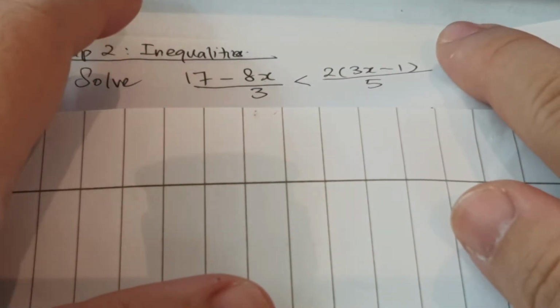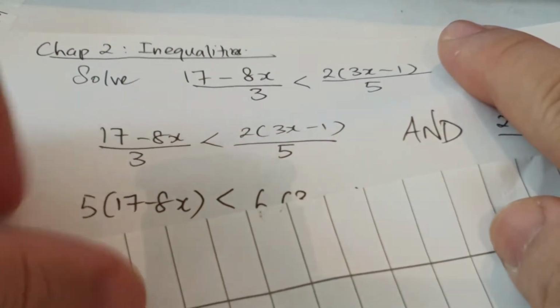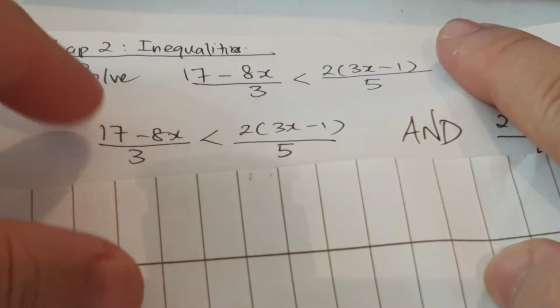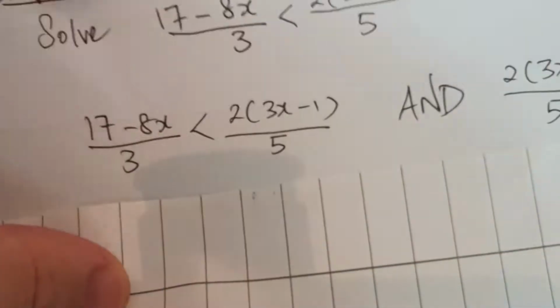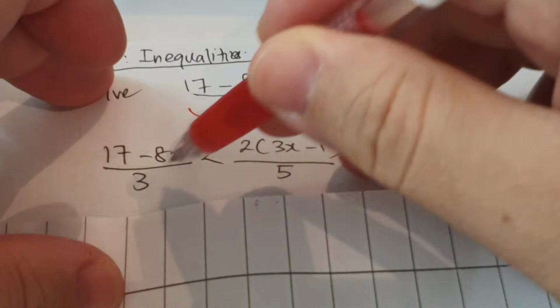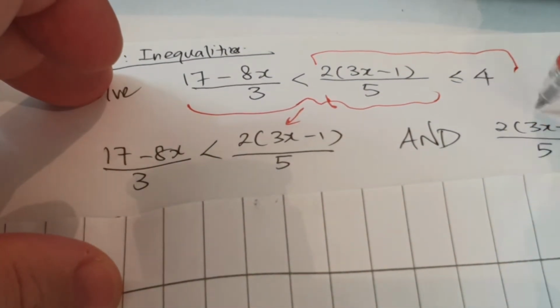We will just solve these two, and that will give you one inequality, and then the other two will give you the other one. So it's very simple. The first two give you one. The second two will give you the other one.